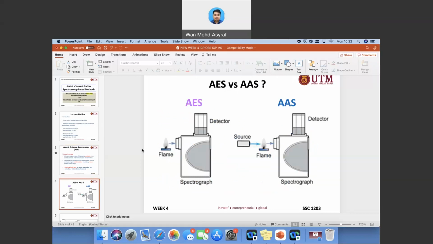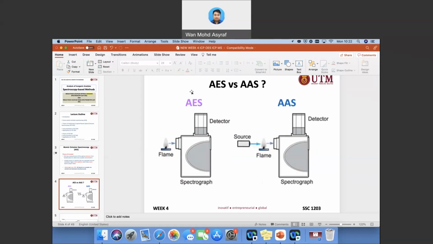For example, before this we've looked into the hollow cathode lamp. So if you want to analyze copper inside your flame, then you would need to have a copper hollow cathode lamp, because the radiation would be emitted by the source and be absorbed by the copper metal inside the sample, and then it will be detected by the detector.